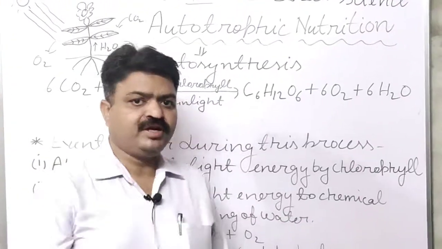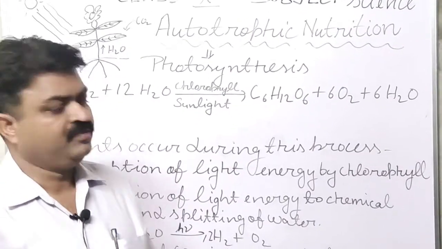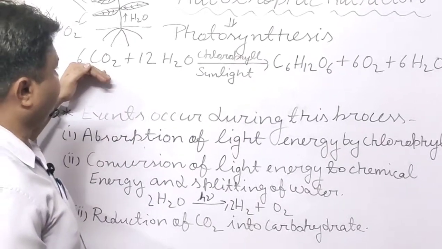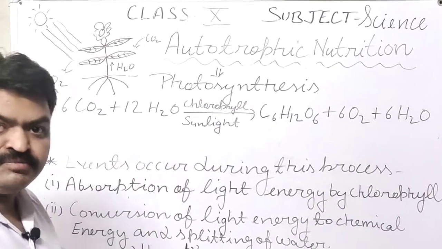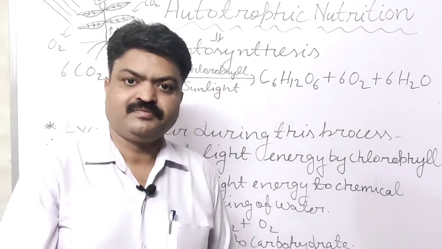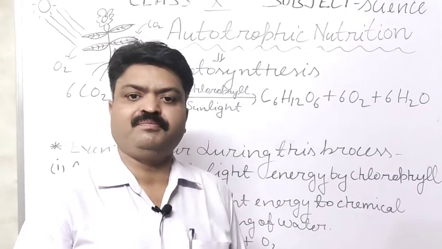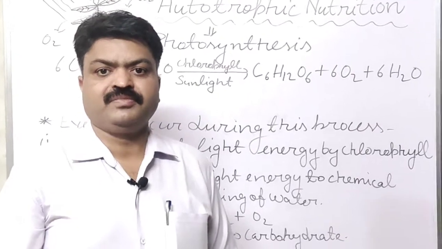So now we will discuss the theoretical part of this process. Students, the biochemical reaction involved in photosynthesis is this. The carbon dioxide is reacting with the water, and water is absorbed by the roots of the plants and transported to the leaves with the help of a vascular tissue known as xylem, students.